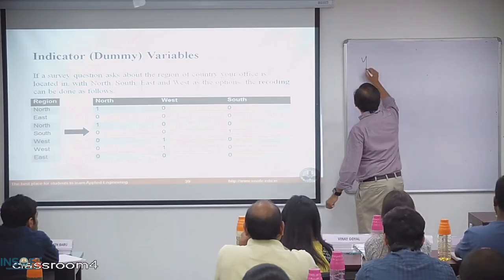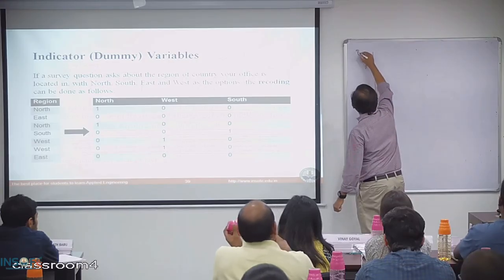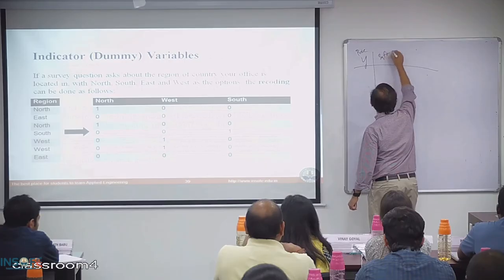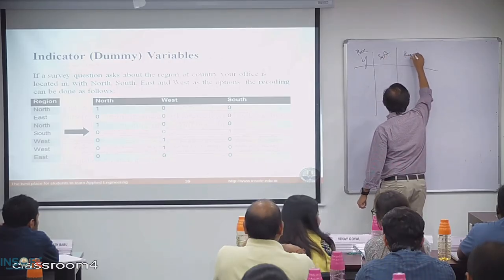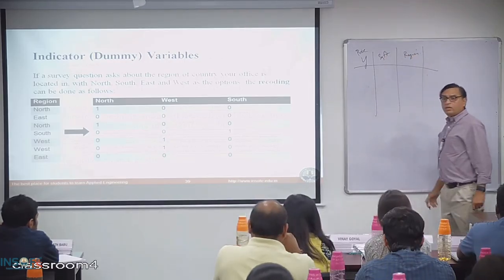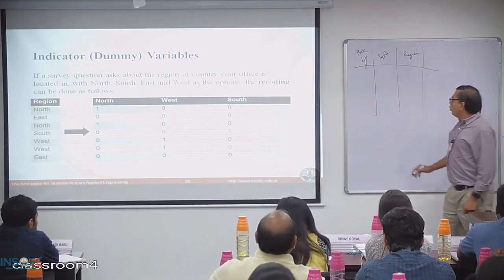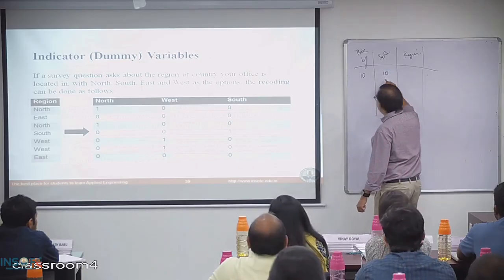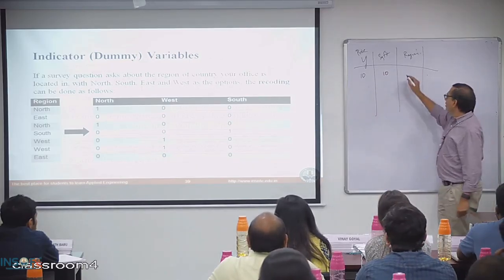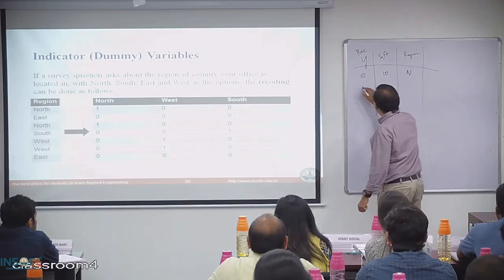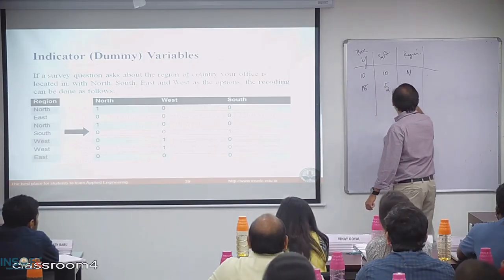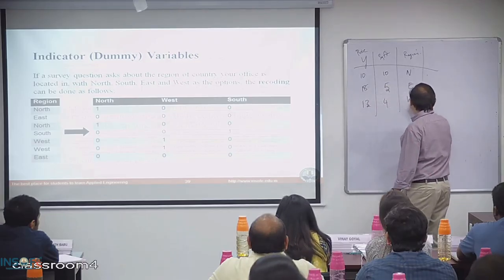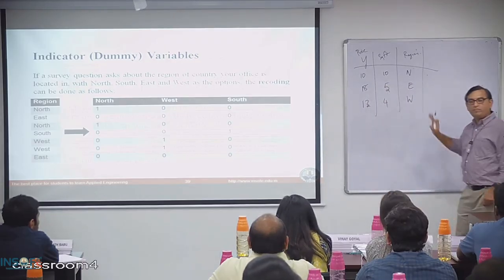So you have y, the price of the house, and here is the square footage, and then its region. I have some number here, and here it is north, 18.5, east 13.4, west, and so on.